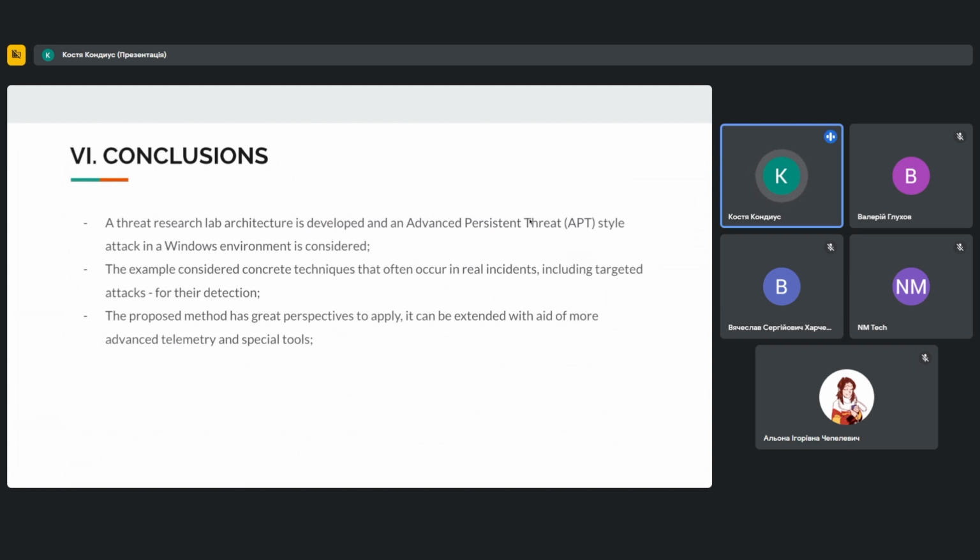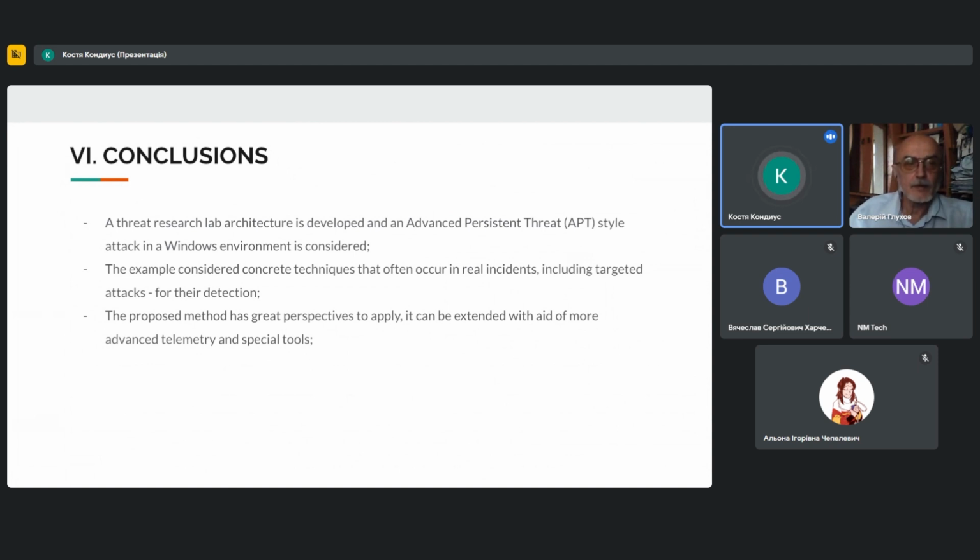Regarding the conclusion of our article, the Threat Research Lab architecture is developed and an advanced persistent threat style attack in a Windows environment is considered. This laboratory can be used to study threats in a real environment with the possibility of conducting a full analysis of threats as well as their simulation for research purposes.